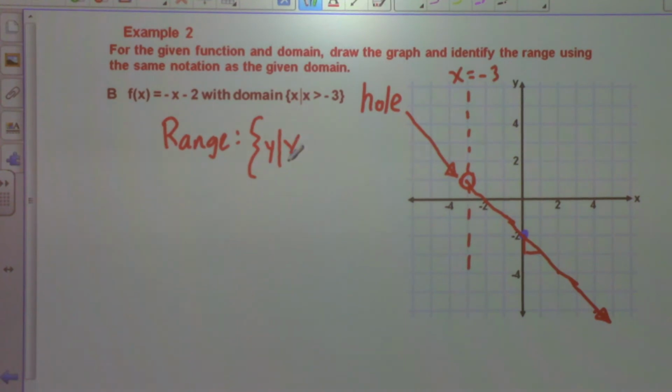Greater than 1, no, less than 1. Less than 1, right? So here's 1, so y is less than 1. Does that take care of it? I think it does. So I think that'll be our answer here, okay?